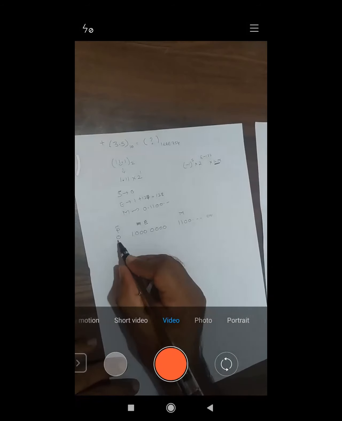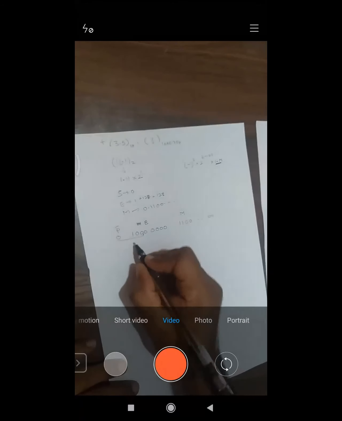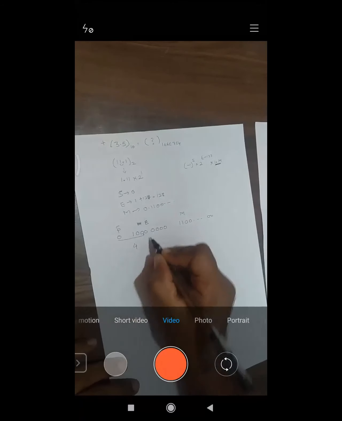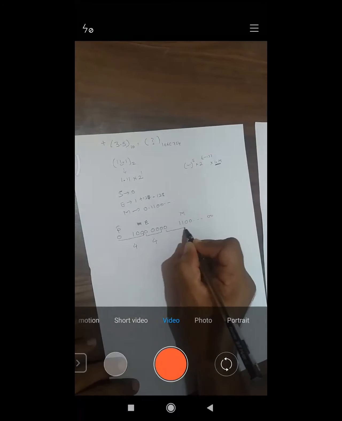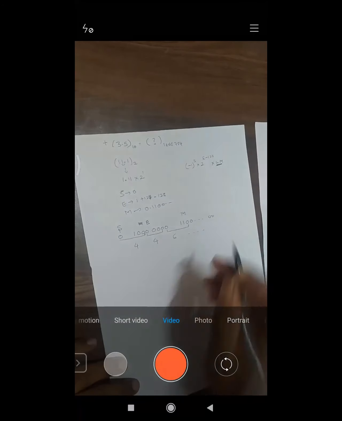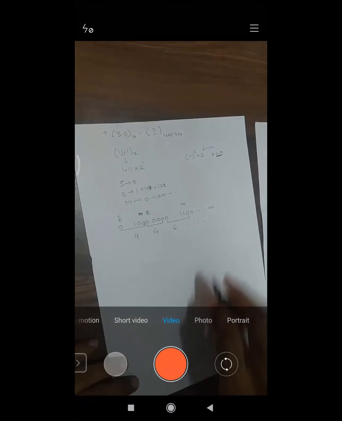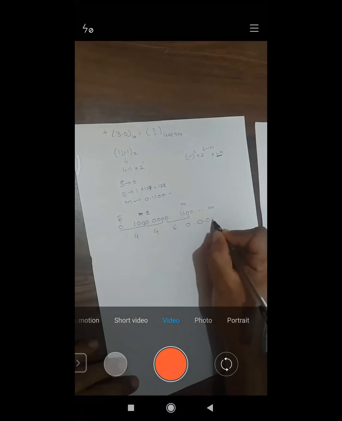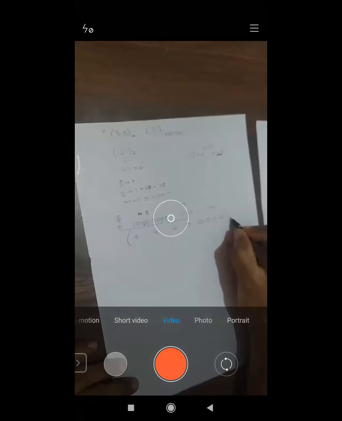Now you can convert this into hexadecimal. This is 4, this is 0, and this is 600, like that.